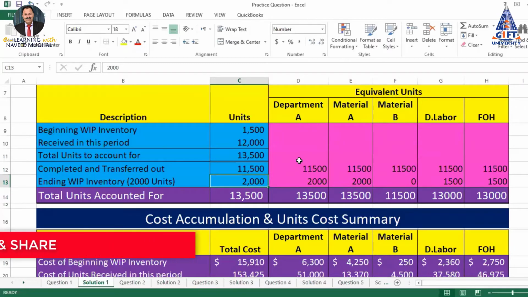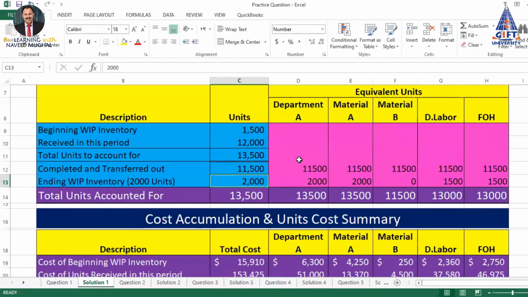It is implied that units are completed with respect to department A, then shifted into department 2 or second department. That's why they are always 100% complete with respect to department A. So simple is the rule. That is 2000 multiplied by 100%, that is 2000.